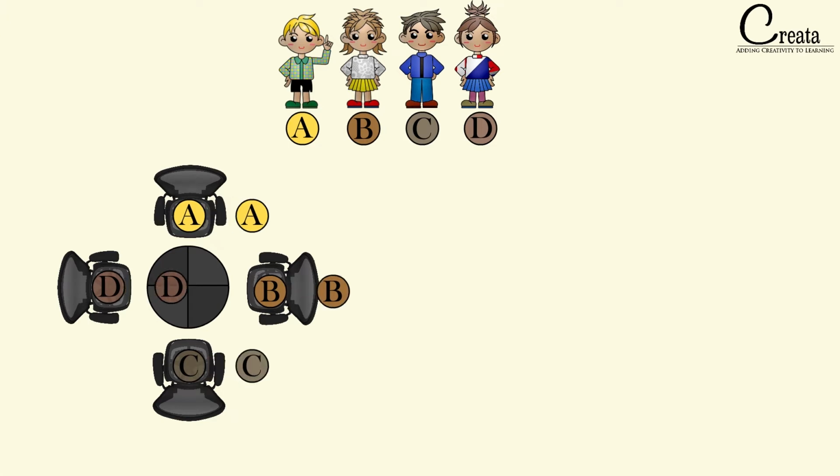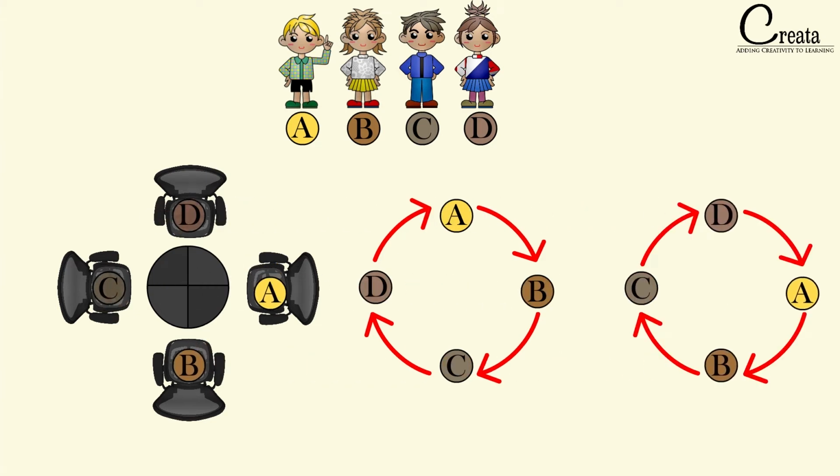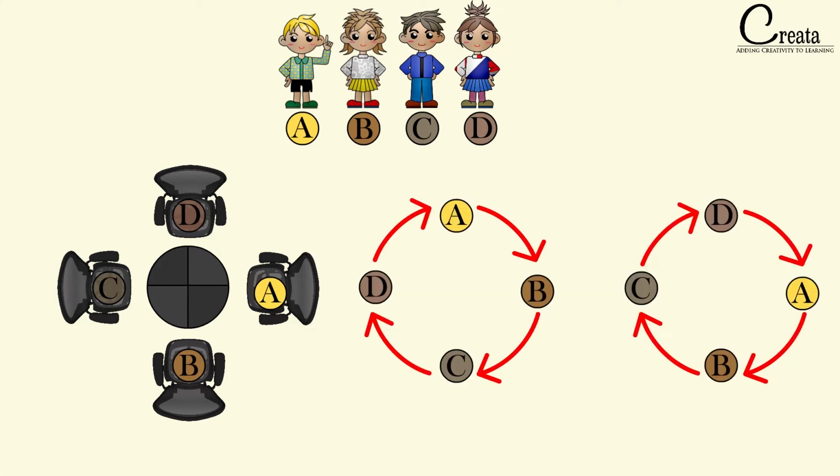We got the arrangement A, B, C, D. The arrangement is formed, that is a permutation. Further, these 4 persons decide to shift their location by 1 slot. That is, A comes to this position, B to this, C to this and D to this. Now the question is, are these two arrangements the same or different?